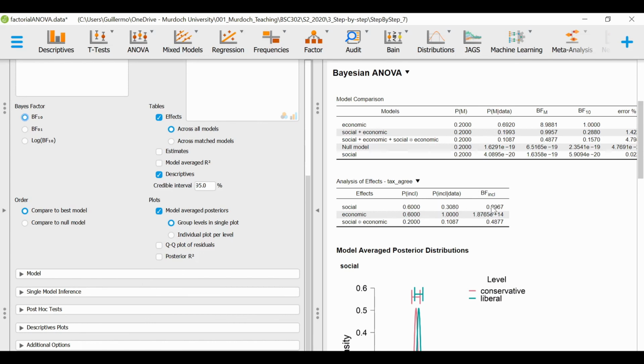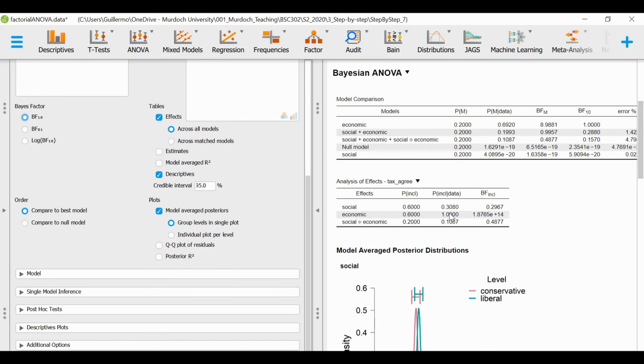Remember that the posterior odds are calculated as 0.308 divided by 1 minus 0.308, which is 0.692. And that is divided by 0.6 divided by 0.4, which is 1.5. And that gives us 0.2967.